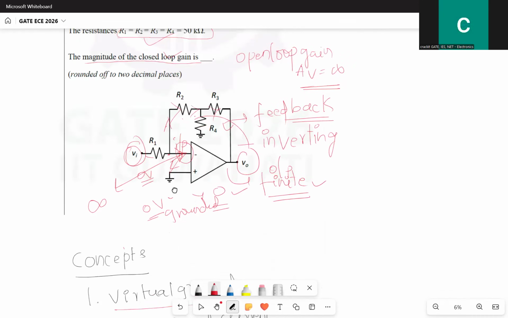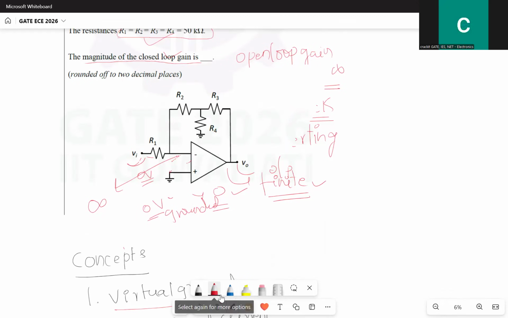One more thing to notice here is the feedback network. The feedback network which you have here is called a T network configuration.